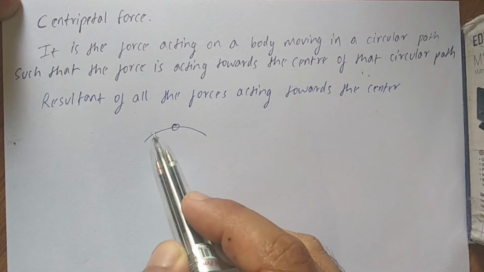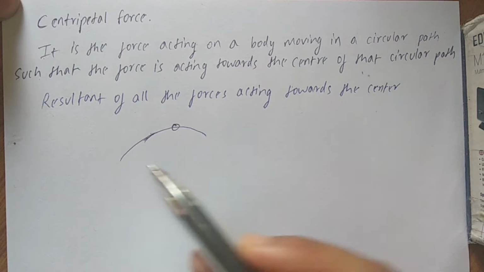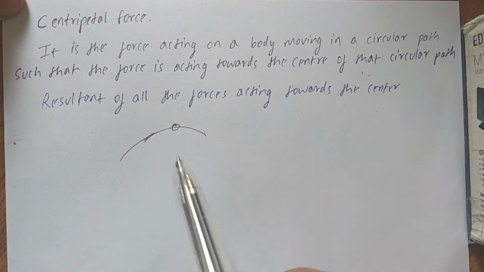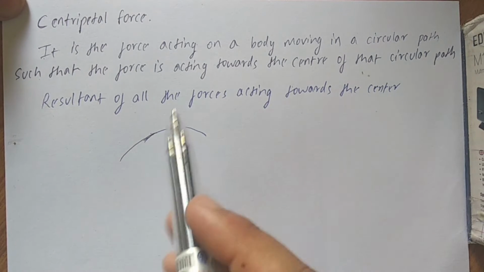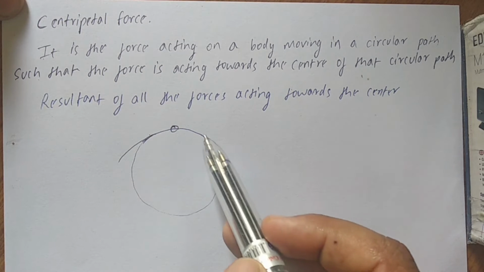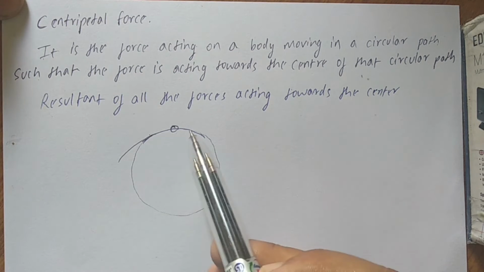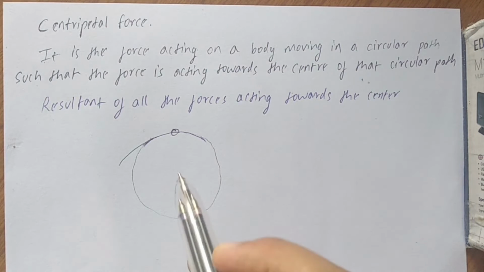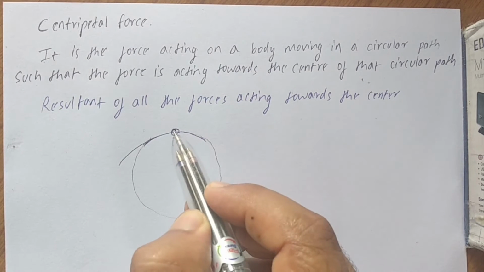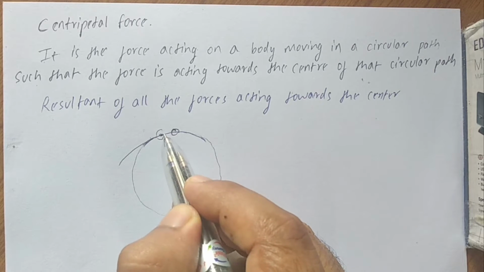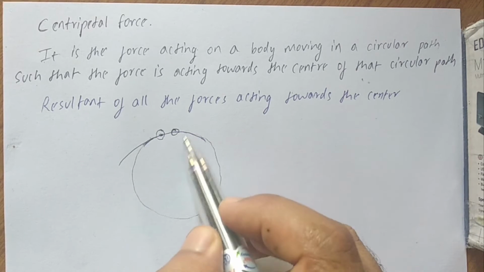Now this circular path can be of any radius, or at any particular instant there might be a circle that can be generated if you trace that arc covered by this object at a particular instant.